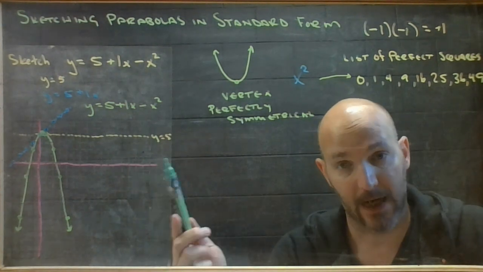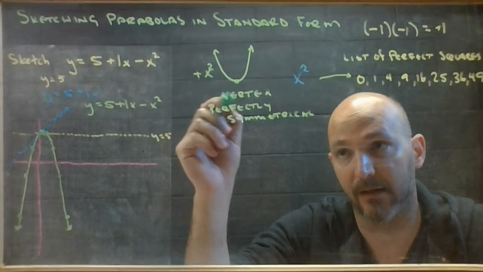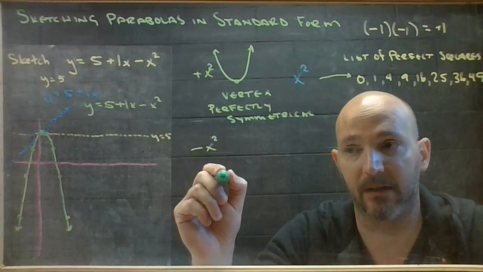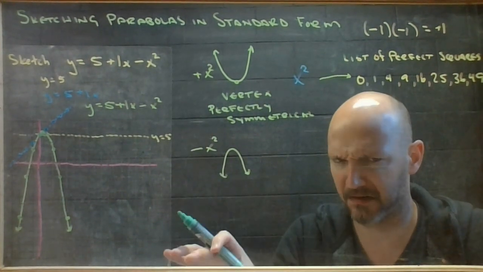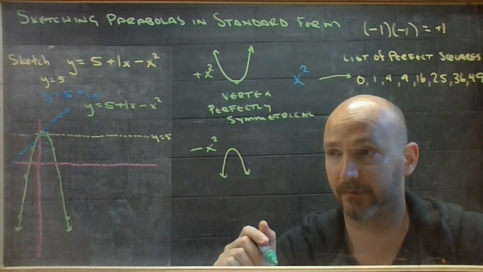If you look at what happens, a plus x squared makes a parabola like that. A subtract x squared makes a parabola like that. So it's like a sunny face or a frowny face based on whether it's positive or a negative.